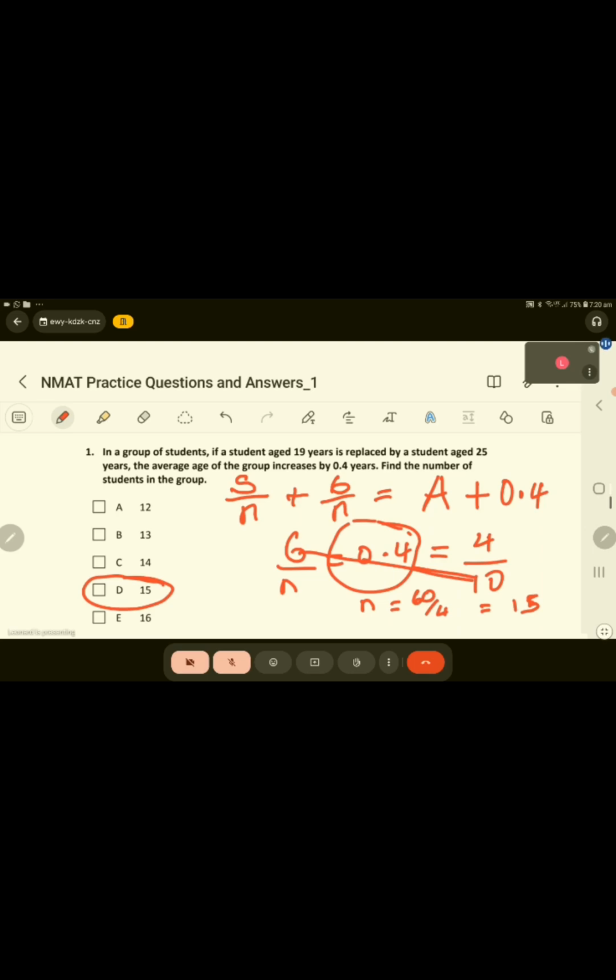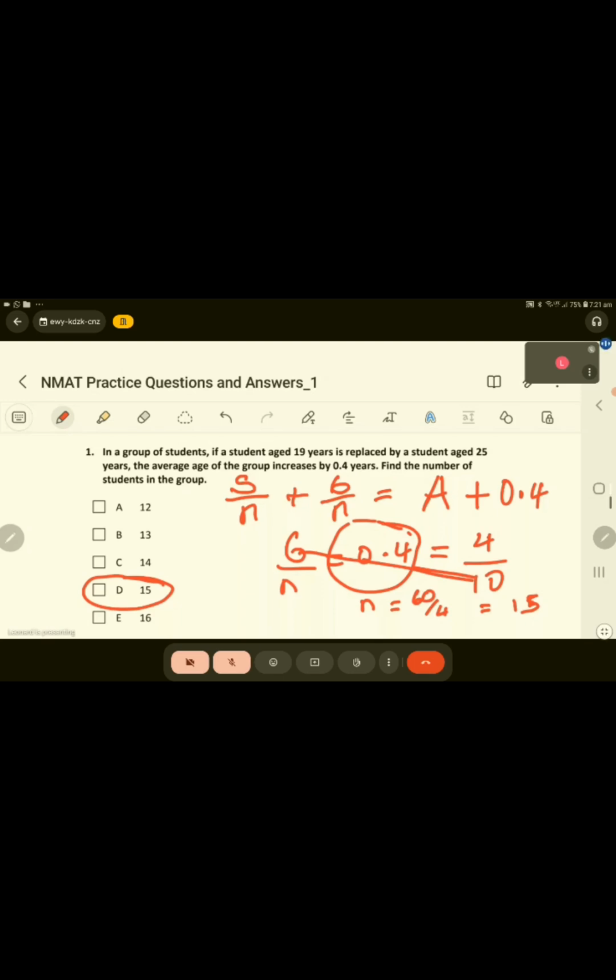So the main thing here is that the increase of six is what results in the 0.4 increase in average. So that means 6 over n will give us 0.4. Remember, just think about it as people sharing something.